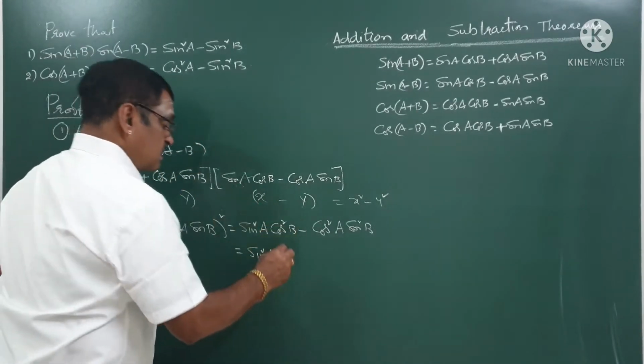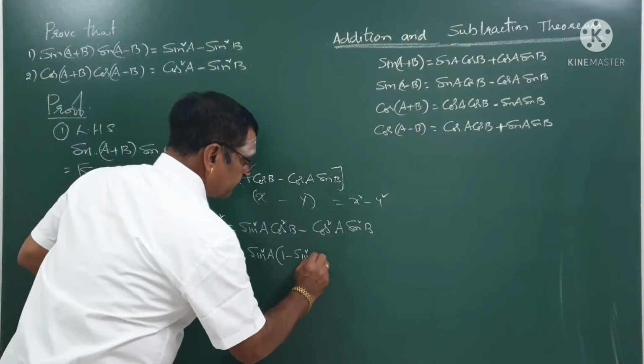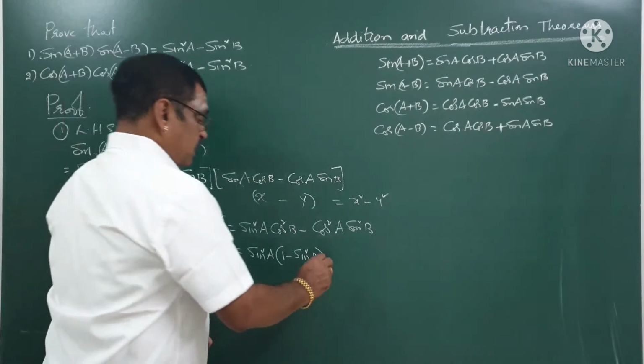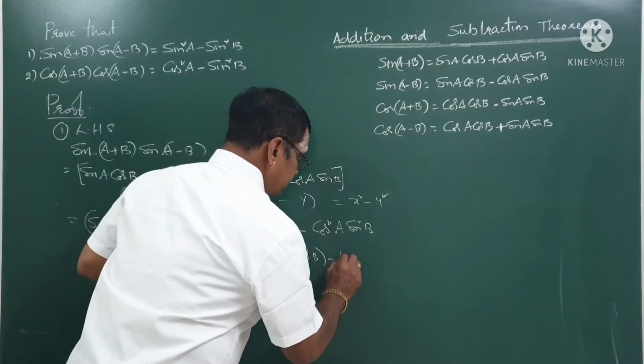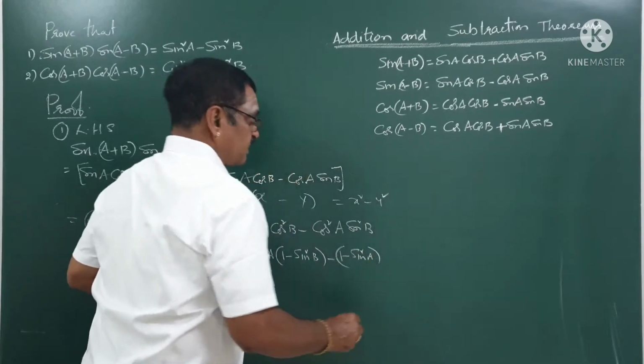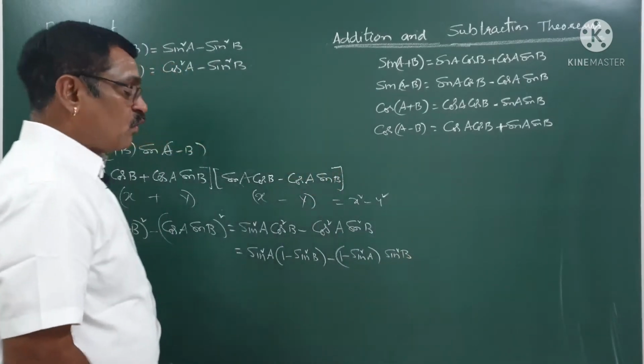The next one, sin square a, I keep as it is. I don't want cos, so I convert into sine by using the identity cos square b is equal to 1 minus sin square b, minus, I don't want cos square a also, I write sin square a times 1 minus sin square a times sin square b. Now simply open the bracket.